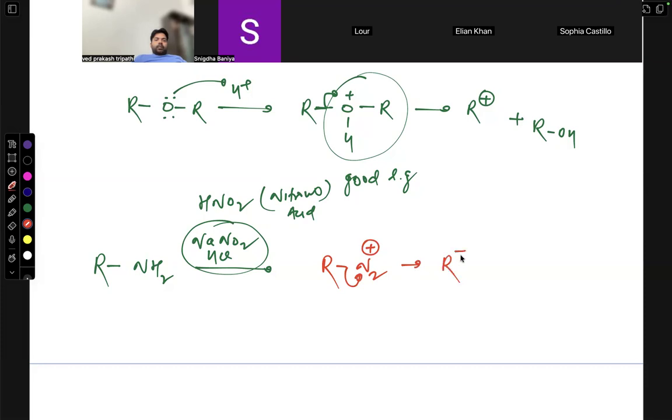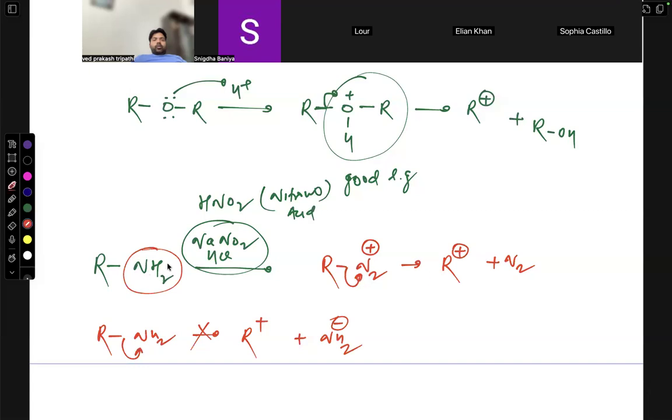So it forms R plus plus N2. So simply you cannot break the amine bond in this way to form R plus and NH2 minus. This is the wrong approach, okay? So first you generate N2 plus from the amine, and then it can be a good leaving group. And then you can form a carbocation. Make sense? Please tell me, everyone.